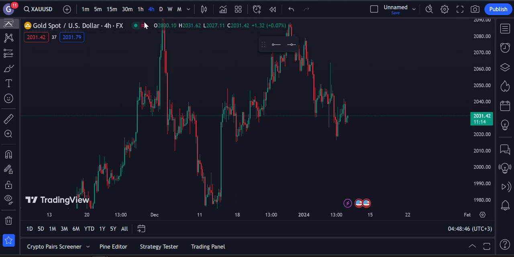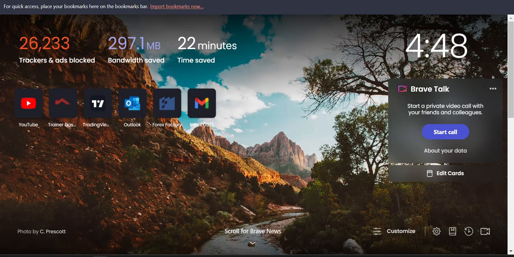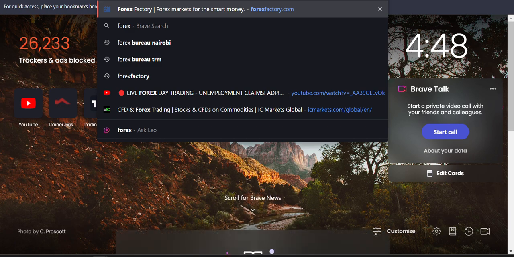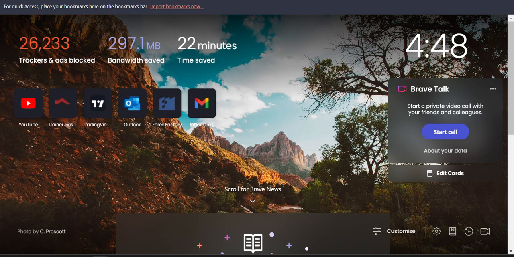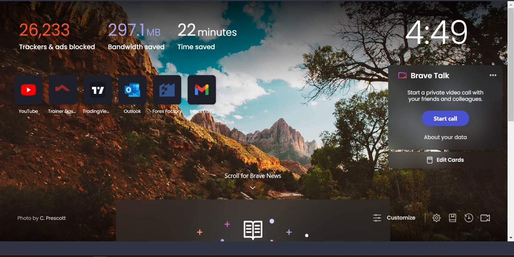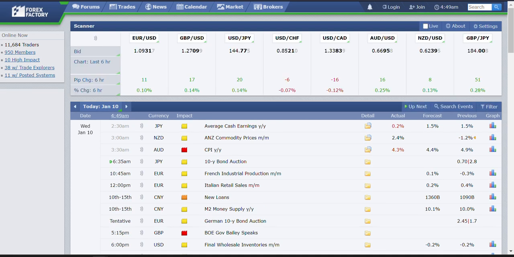And before you begin your day, what is the first thing that you do? One of the things that you do is that you go to Forex Factory, and this is where you are able to find the news. You are able to tell what is going to happen during the day.